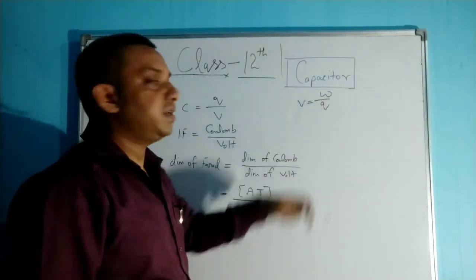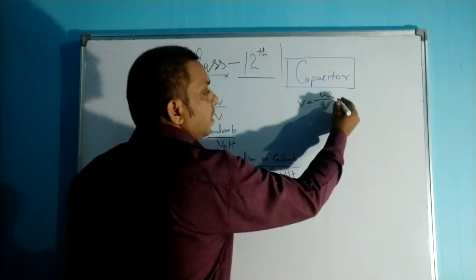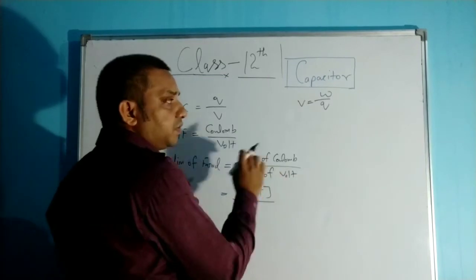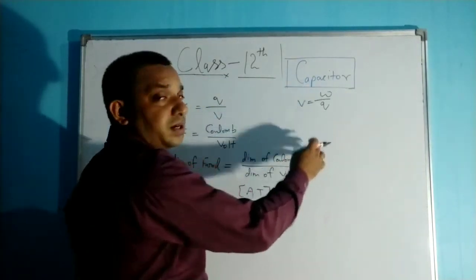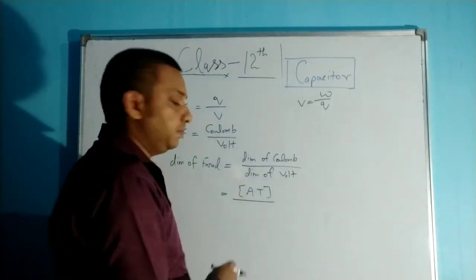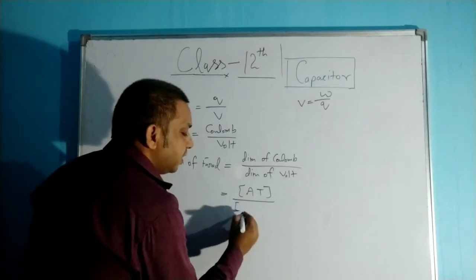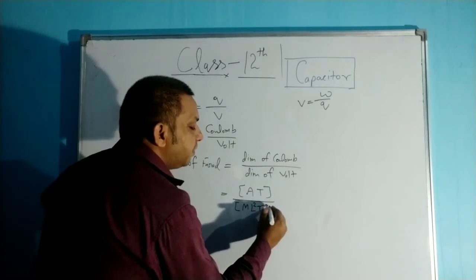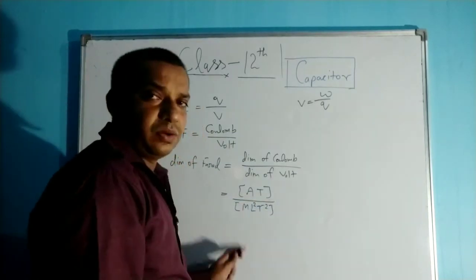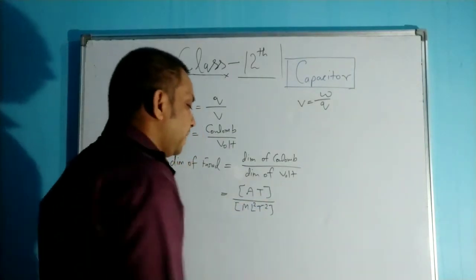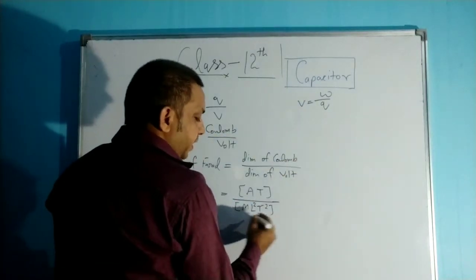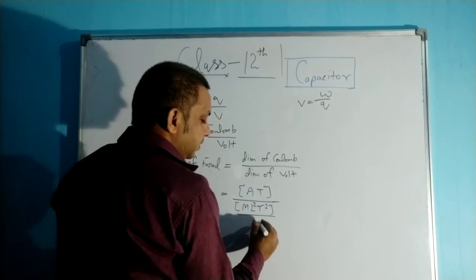From that we get V is equal to W by Q. So the dimension of the volt is the dimension of the work done divided by the dimension of the coulomb. The dimension of work done is M L squared T to the power minus 2, kilogram meter square upon second square, divided by the dimension of Q, AT.